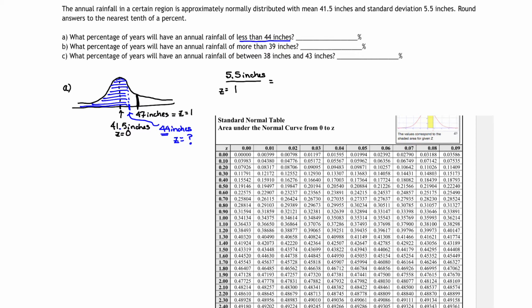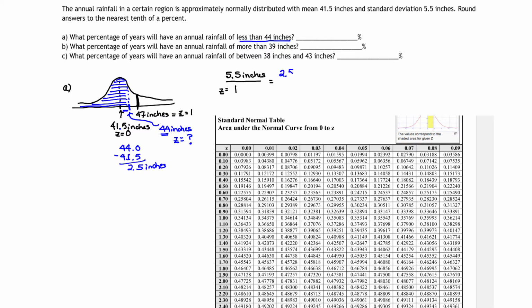44, how far is that from 41.5? Well, 44 inches, if I subtract 41.5, what does that give me? That gives me 2.5 inches. That means that I now have 2.5 inches to traverse, and I can set up a proportionality.